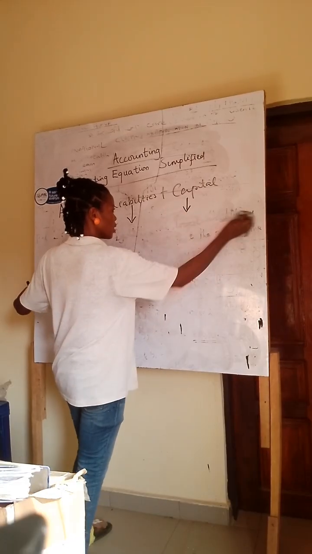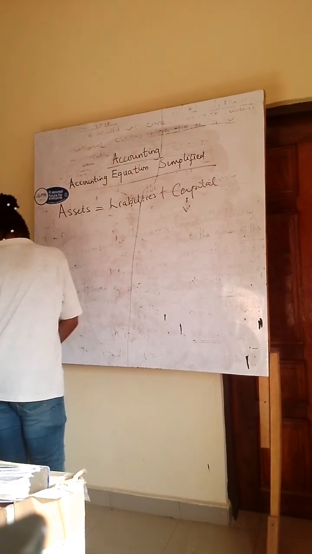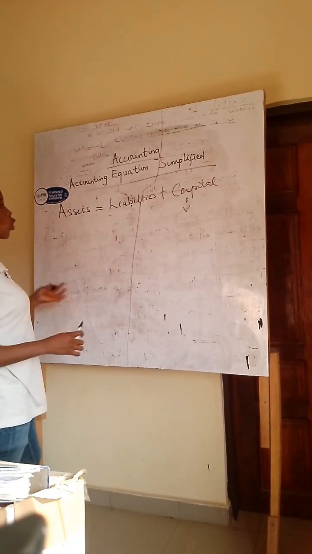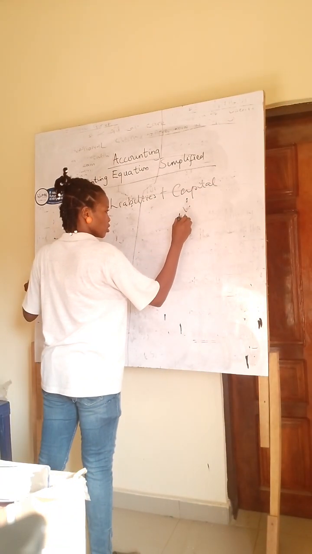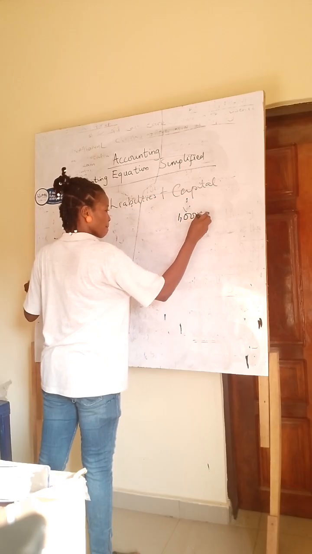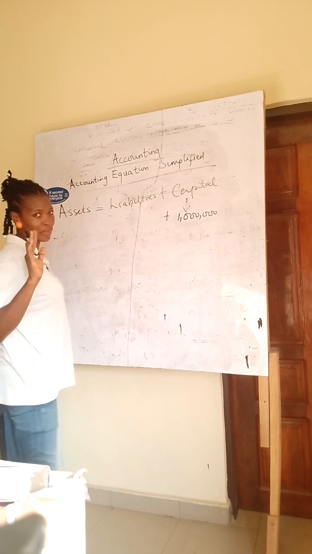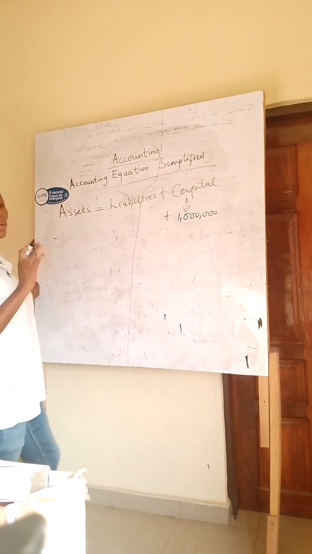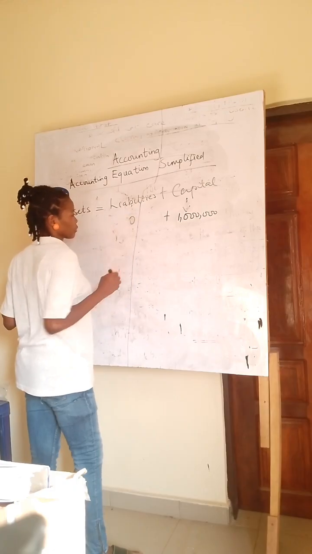You have an idea of what it is now. So let's assume the owner of the business introduces, say, 1 million naira into the business. At this point, he hasn't borrowed anything from the bank. He's not owing anybody anything. So at this point, our liability is 0.